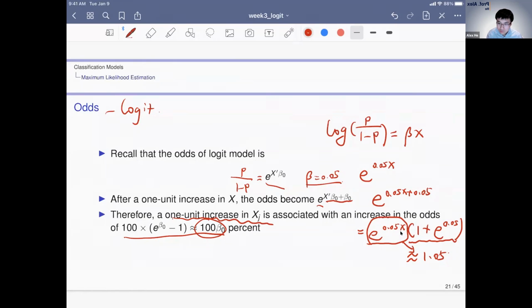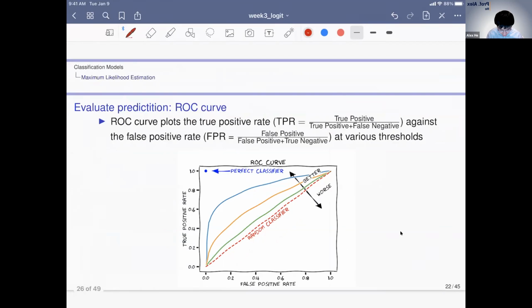What we predict is a probability, and taking the difference between that probability and 0 or 1 doesn't really make too much sense. So what we have here is something called the ROC curve.